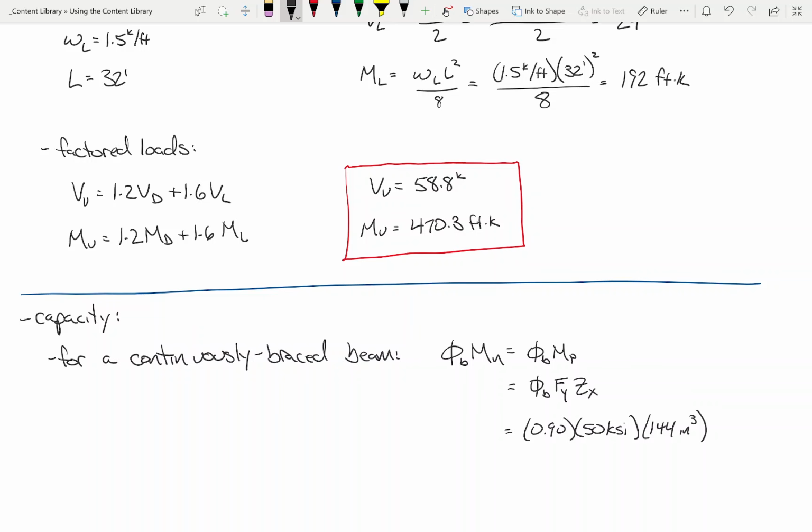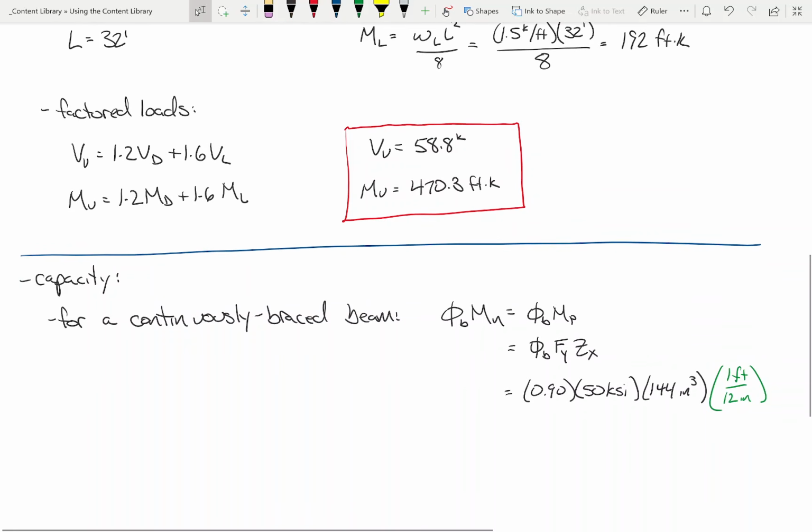Anybody see a problem we're going to run into with this and this? The units are incorrect, right? So we need to drop a unit conversion in there, because the answer is going to be in inch kips, and I want it in foot kips, right? Okay. So when I chug this out, what do I get?